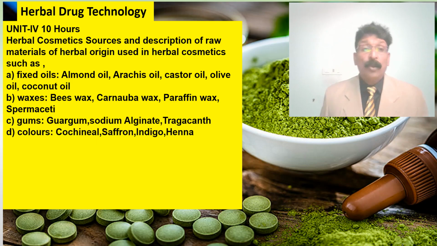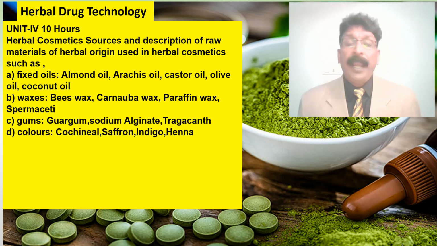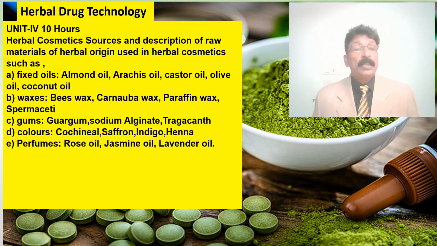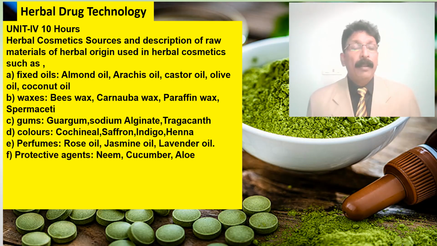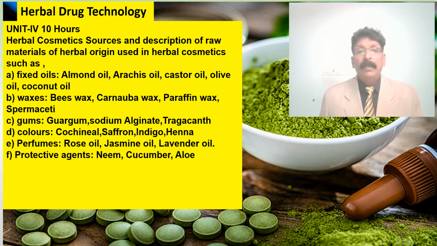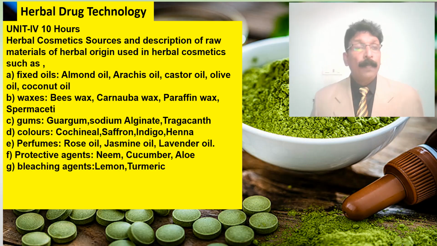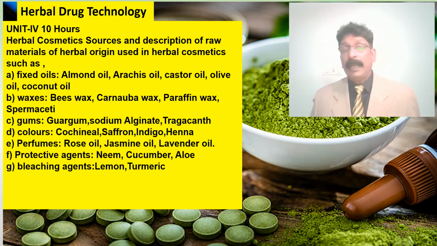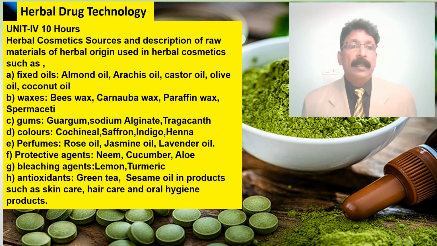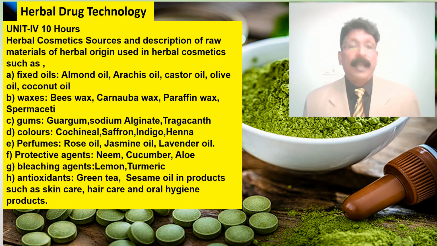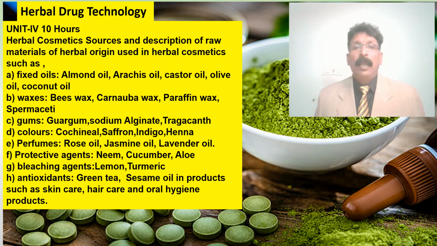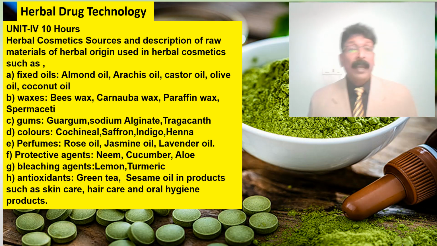Colors: cochineal, saffron, indigo, henna. Perfumes like rose oil, jasmine oil, lavender oil. Protective agents like neem, cucumber, aloe. Bleaching agents like lemon, turmeric. And antioxidants like green tea, sesame oil, in products such as skin care, hair care and oral hygiene products. So this is what they have given.